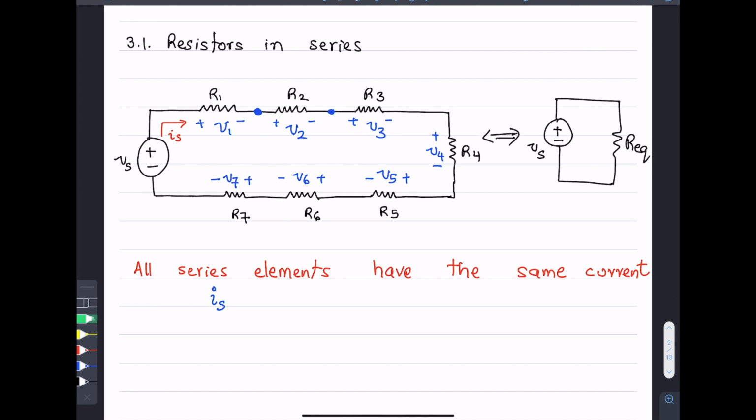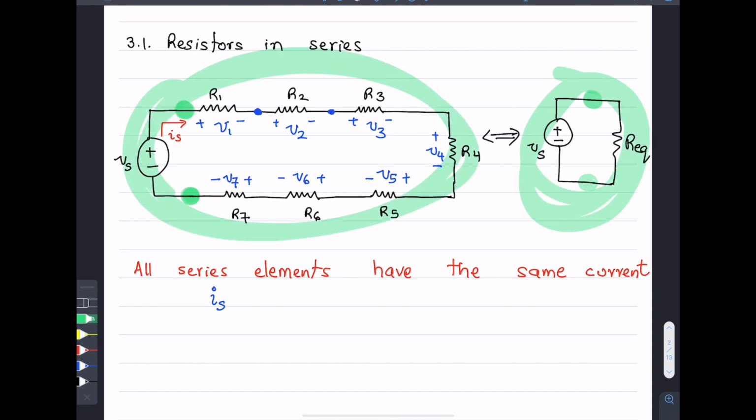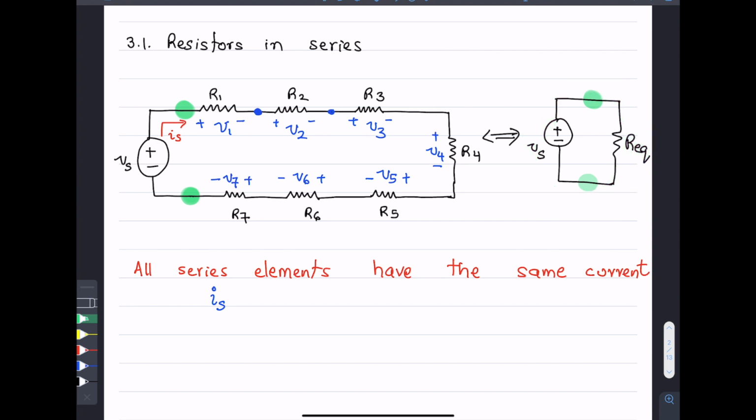Both of these circuits behave exactly the same. The equivalent circuit on the right and the series connection on the left behave exactly the same with respect to these green terminals. The amount of current and the voltage set up across these terminals are the same between these two circuits.